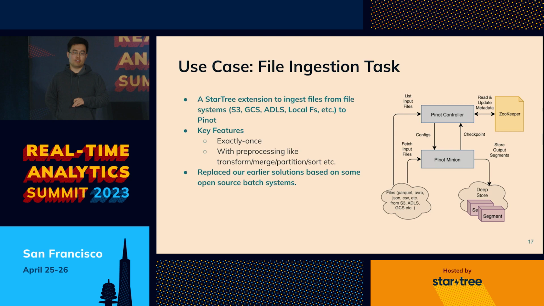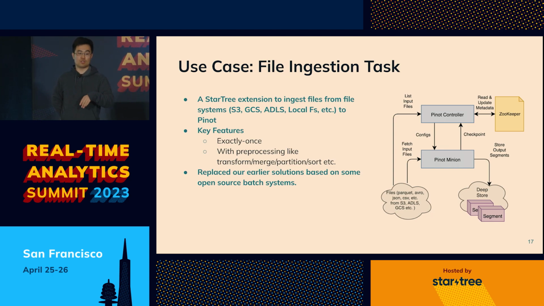This file ingestion task has two key features. The first feature is that it can do data ingestion exactly once, which means there's no data missing and no data duplication. Also, we can do some pre-processing with the file ingestion task.